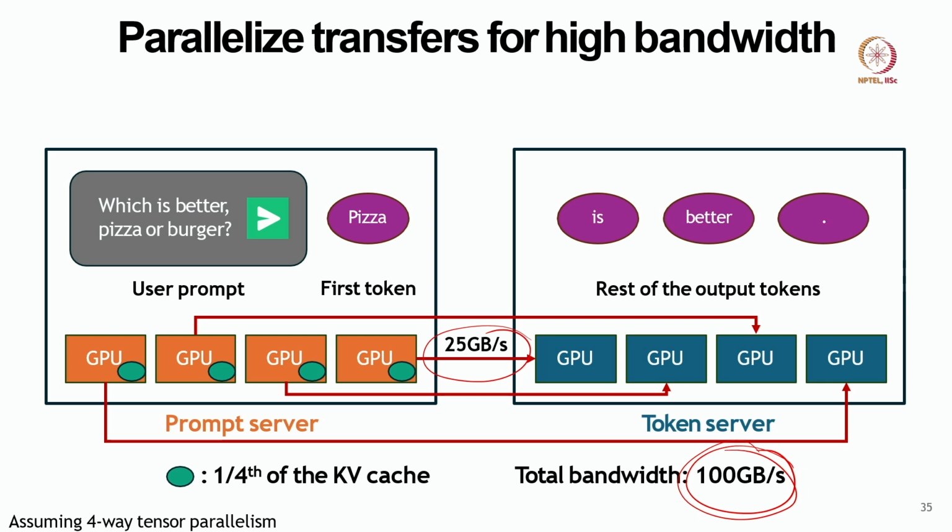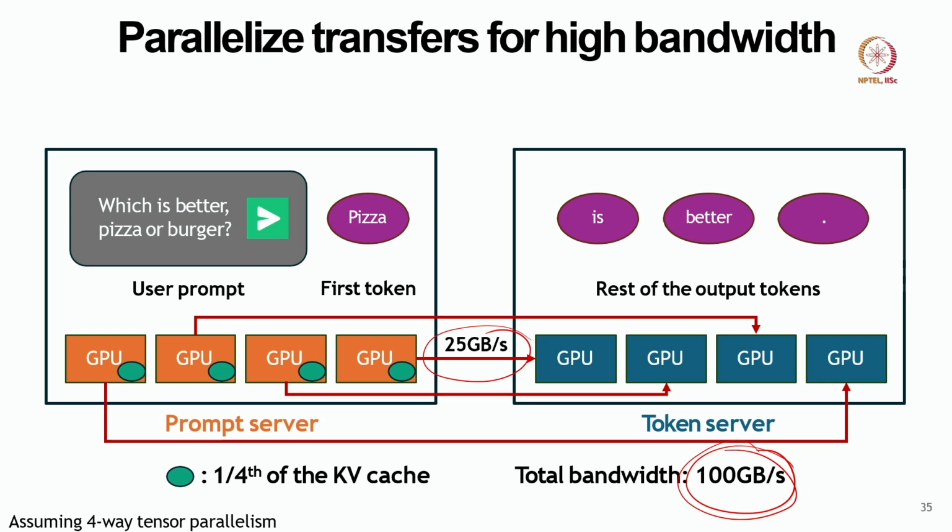So, remember whenever we say server, one server may have multiple GPUs. Okay. So, if there are multiple GPUs, then the KV cache might be distributed. So, let us say in this particular case each GPU holds 1/4 of the KV cache.